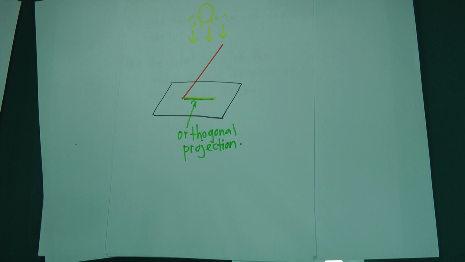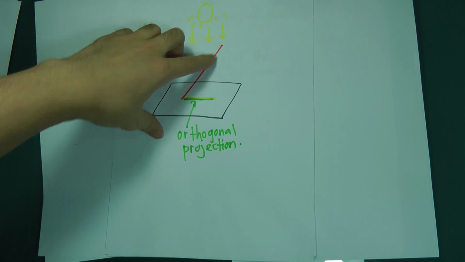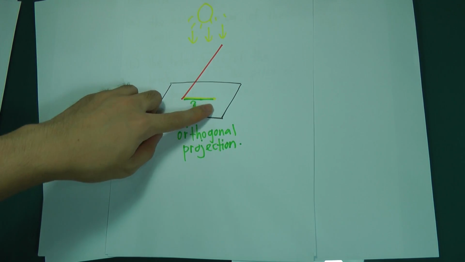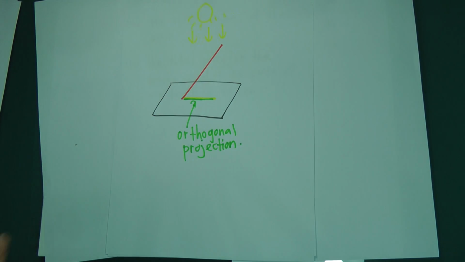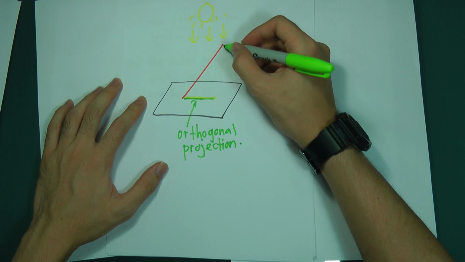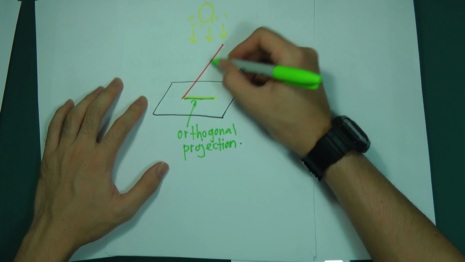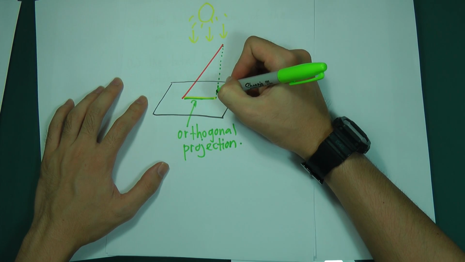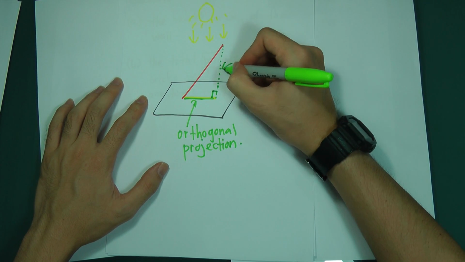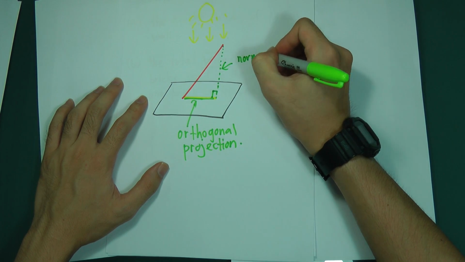Okay, of course, if you can see the shadow over here, or orthogonal projection, you must also see a normal line, which from this line forms a 90 degree angle to the shadow. This one they call the normal line.